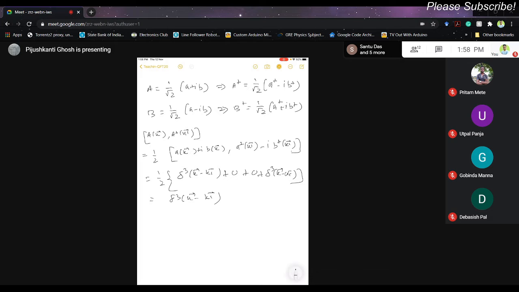If we use the normalization factor, then our typical commutator, since we have started learning annihilation and creation operators, a a dagger equals 1. Since here each A depends on k, it is modified to delta cube k minus k prime. So that's why we use that particular normalization, but you are free not to use it, and you would get some constant factor here. Clear?